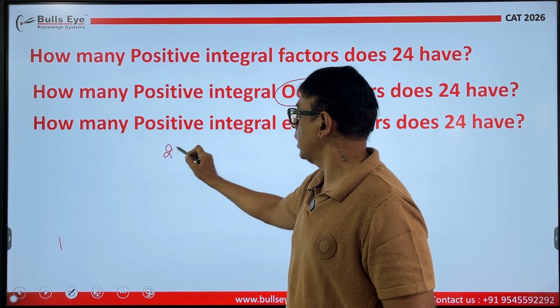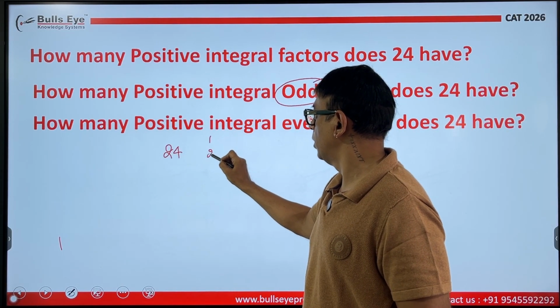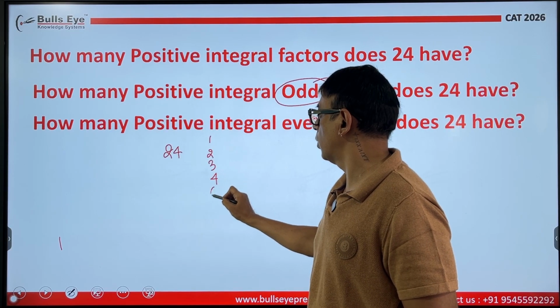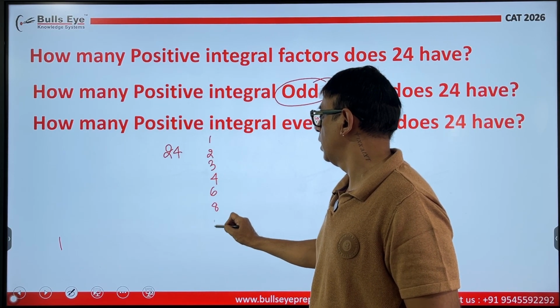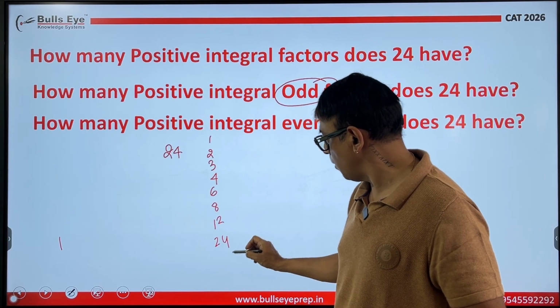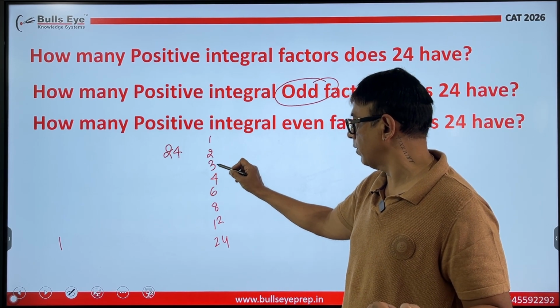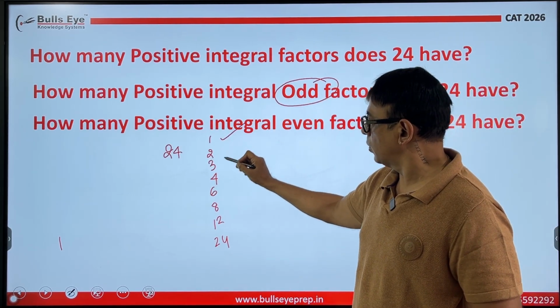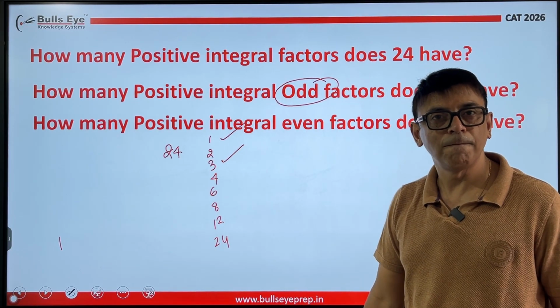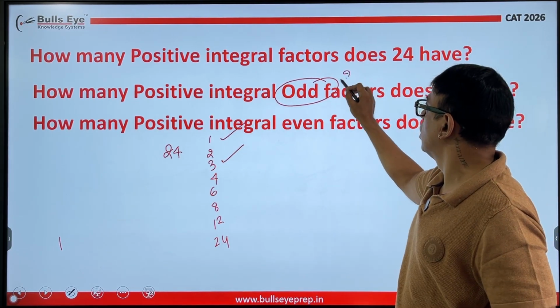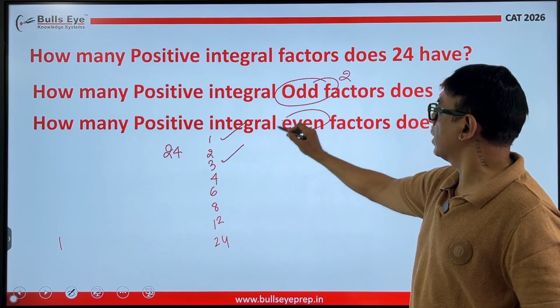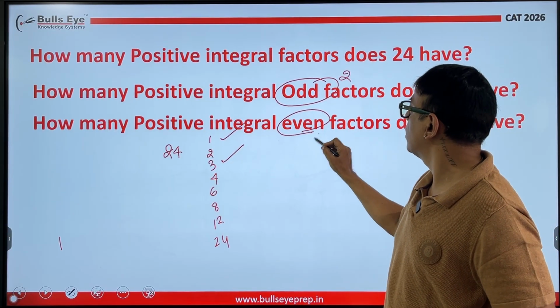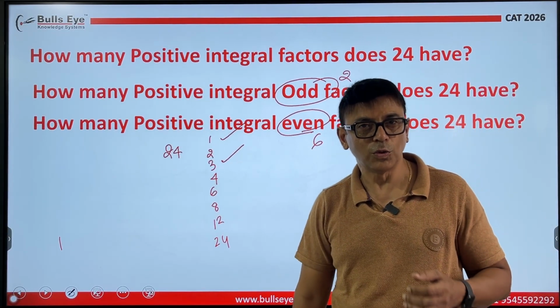So I'm again writing the factors of 24: 1, 2, 3, 4, 6, 8, 12 and 24. Did I miss anything? How many odd factors are there? This is odd, this is odd. That's it. So the answer is 2. How many even factors are there? The answer is 6. 8 minus 2 is 6.